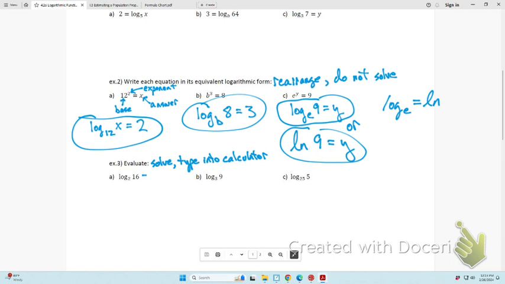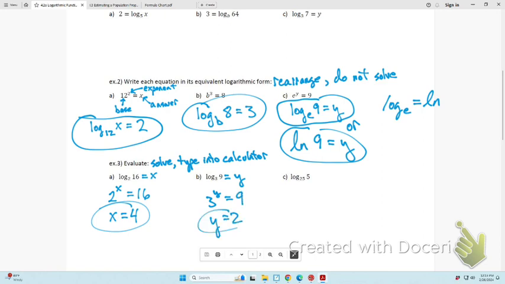Set it equal to a variable. And we know that 2 to a certain power equals 16. It's 4. The next one, set it equal to a variable. 3 to what power equals 9? 2.